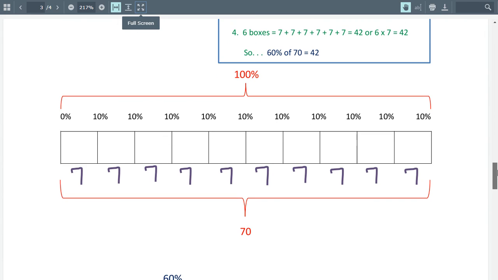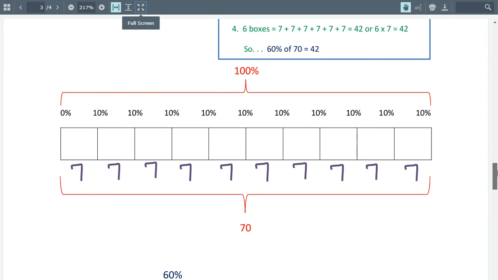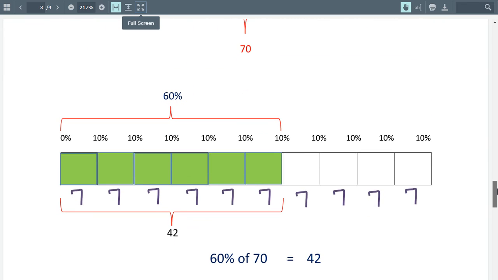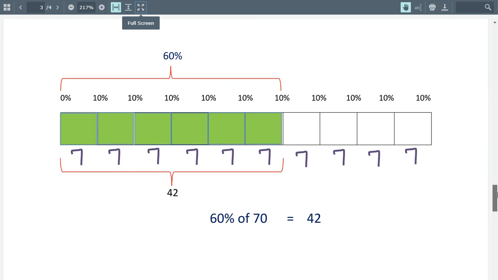Look at this, it would be 7, you can add 7 6 times or just do 6 times 7. So let's clean this up like this. I'm going to shade 6 boxes to represent 60%. And that means it's 7 times 6, which is 42. That means 60% of 70 equals 42. So using a percent model is pretty easy.